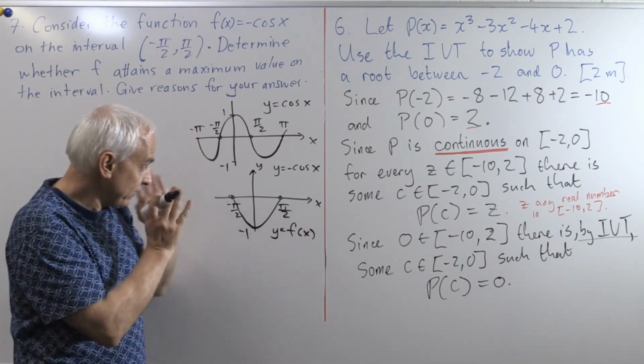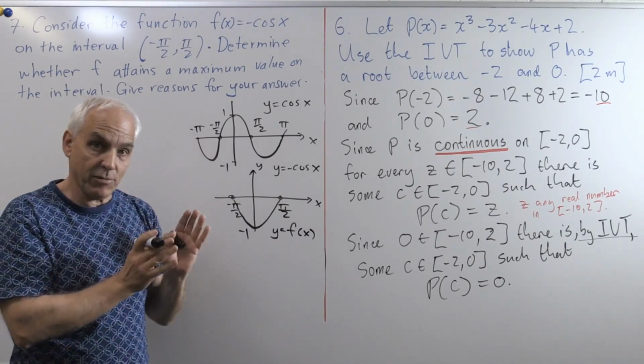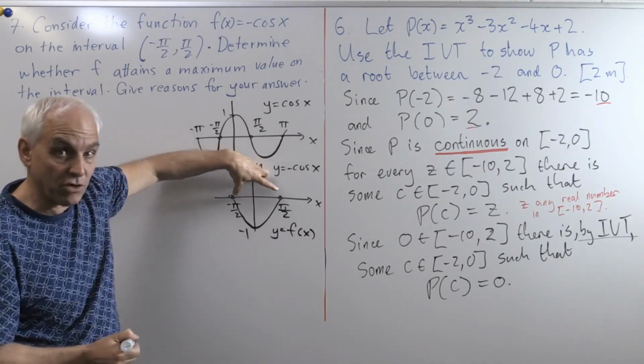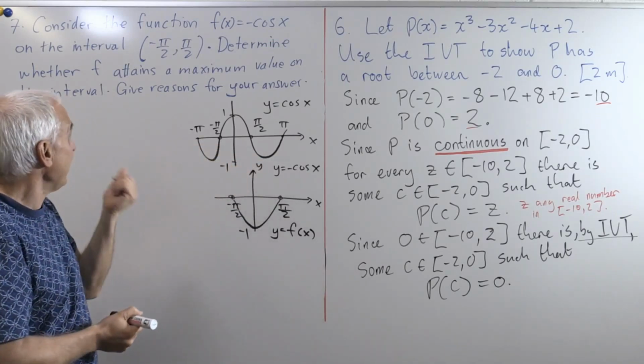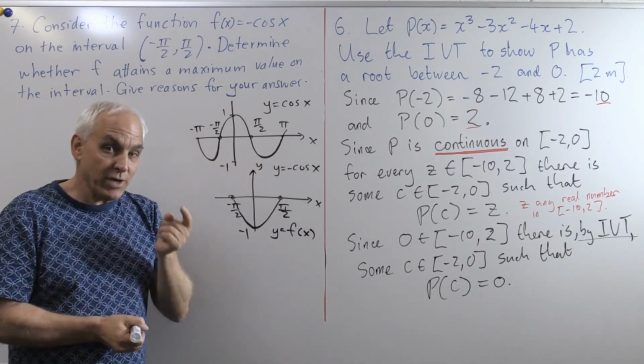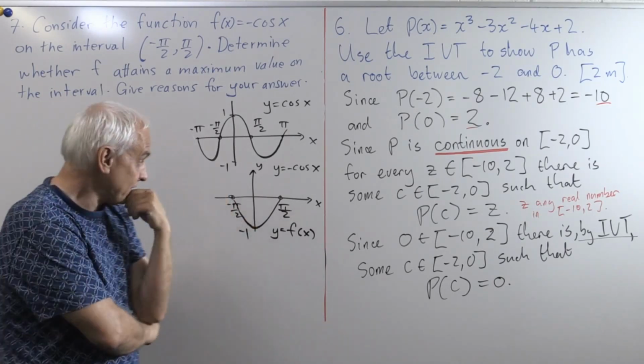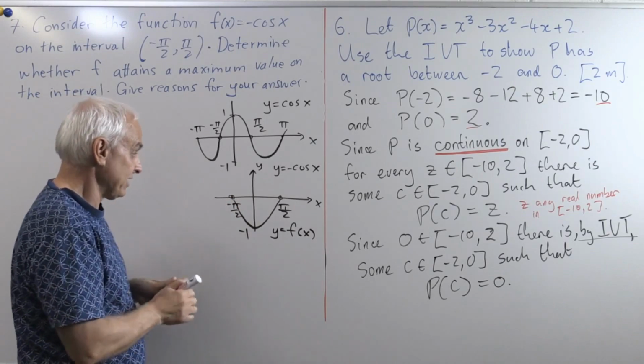Okay, so now intuitively we can see what's happening. What we're asked for is whether or not this function on this particular open interval actually attains a maximum value. So we have to, first of all, know what that means. Let's write it out.